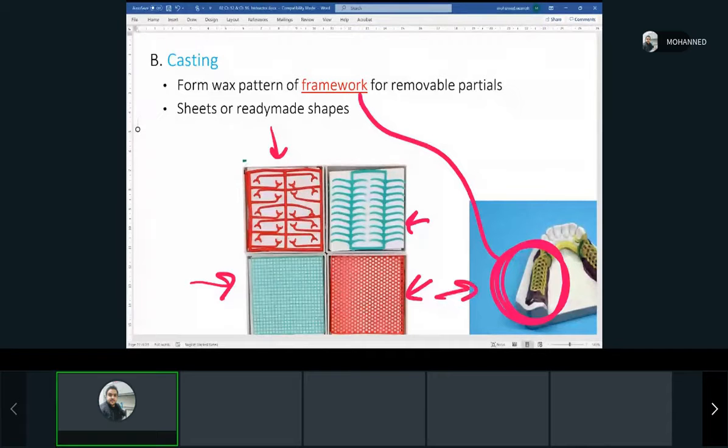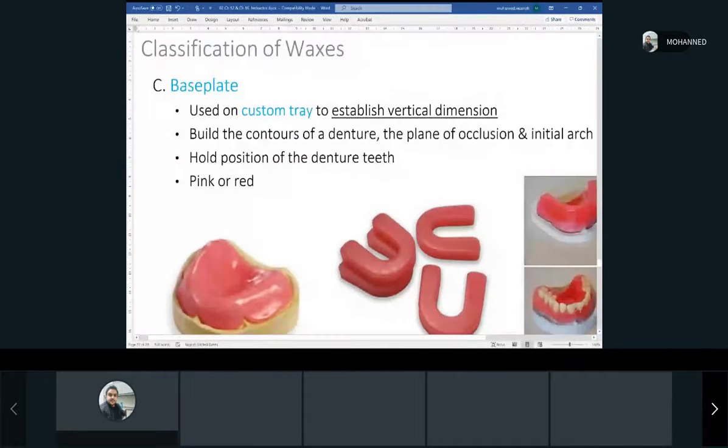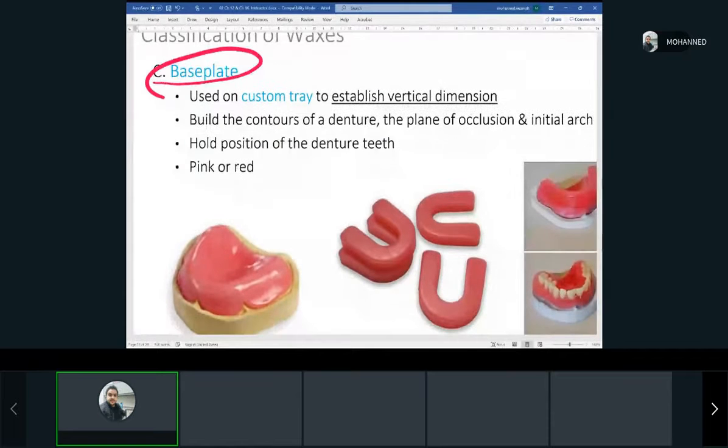And we have one more type of wax that is part of the pattern wax, and that is the base plate. Base plates are these that you see here. These are used on custom trays.